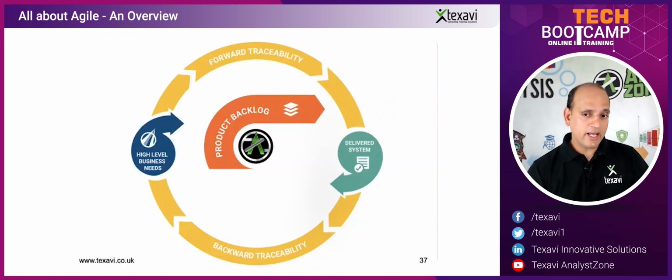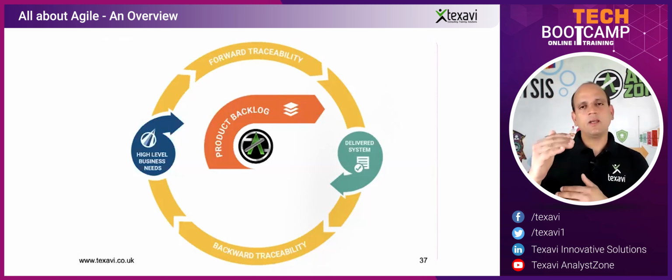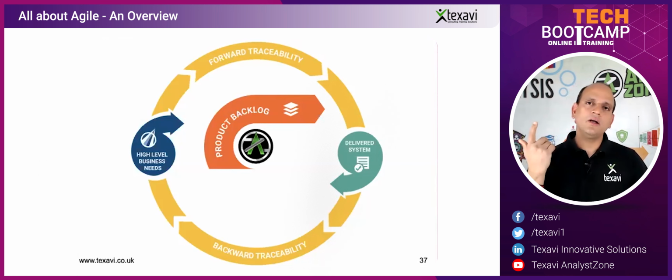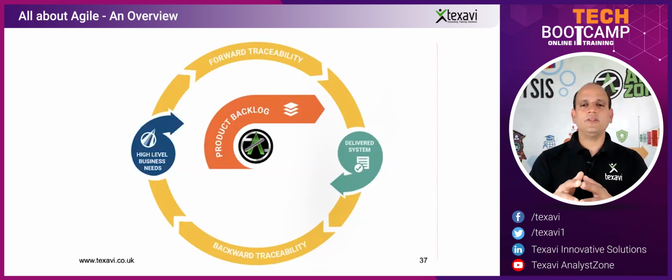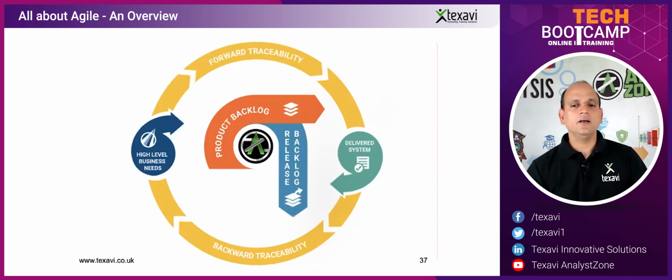And that could be facilitated in Agile with what we call a product backlog. I was talking about the backlog initially, right? We put everything in the product backlog: your requirements, your tasks, your changes, change requests, defects. It gets prioritized by the product owner and the team. They work with what we call the release backlog.